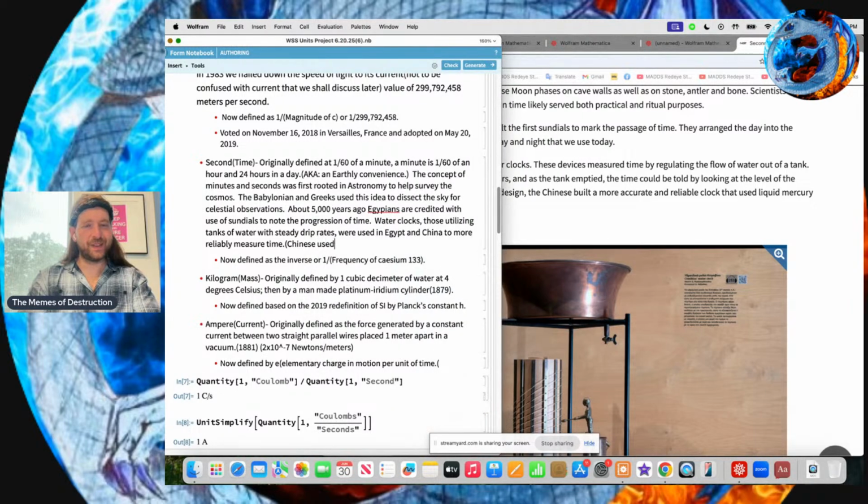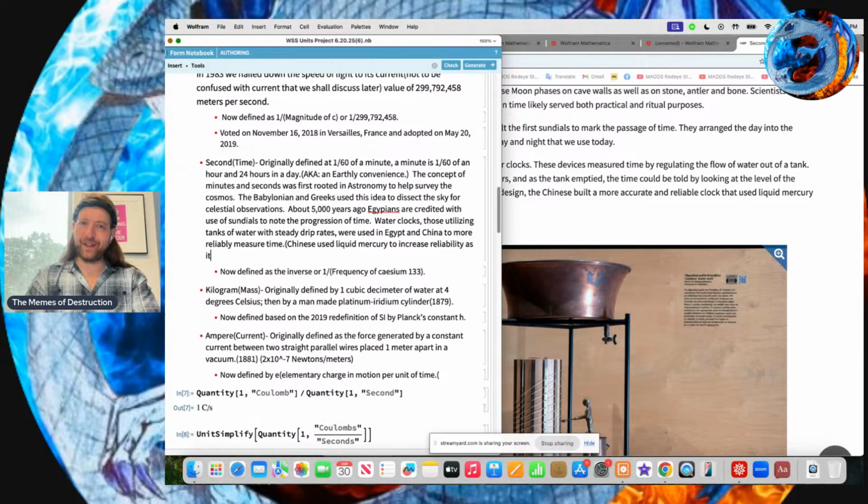Oh, it's liquid mercury to increase reliability, as it better avoided freezing than its water counterpart.